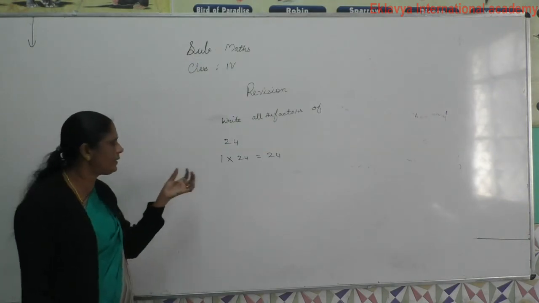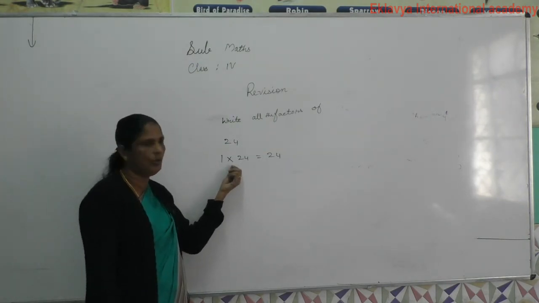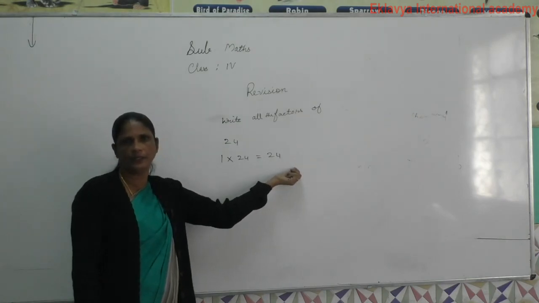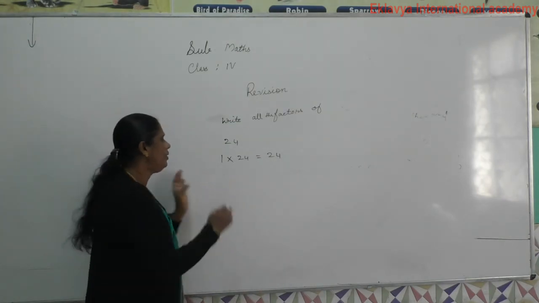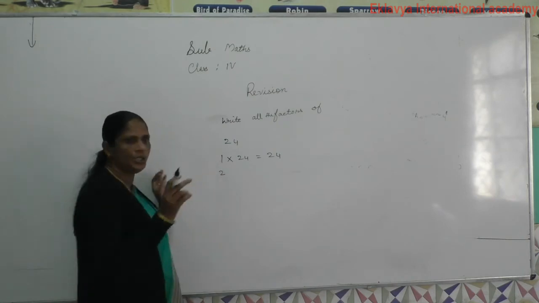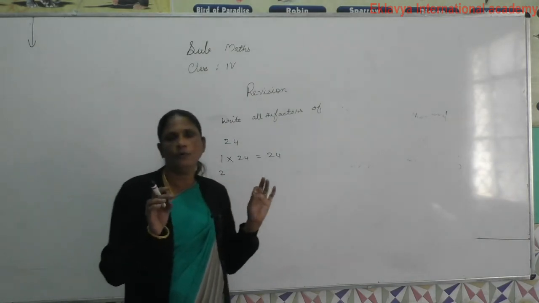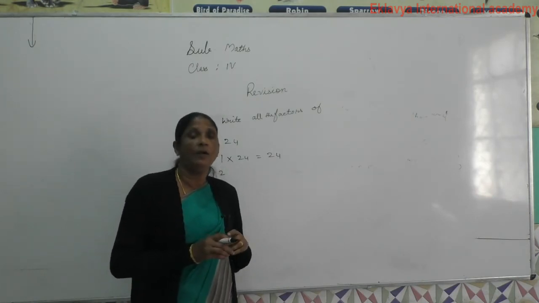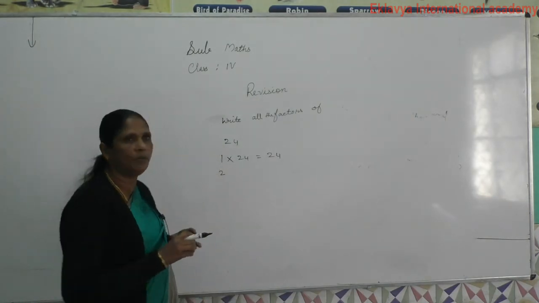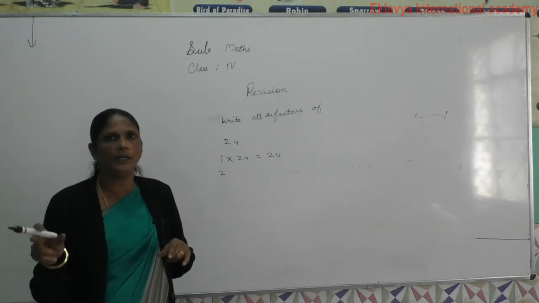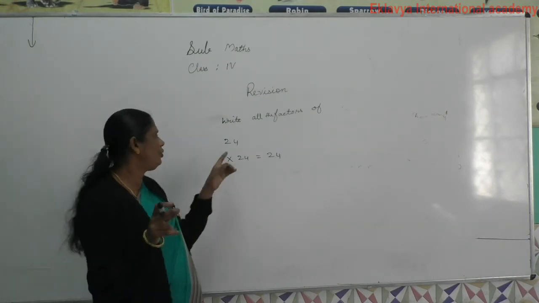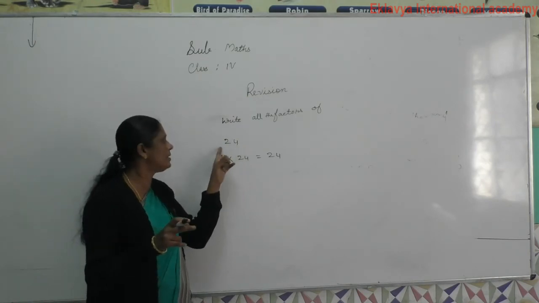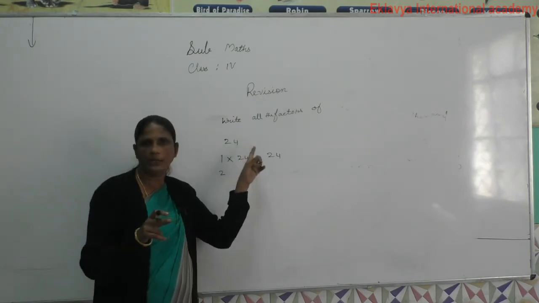How to find the factors? 1 into 24 is equal to 24. Right? Then again 2. If 0, 2, 4, 6, 8 come in one's place, that number is divisible by 2. Here 4 comes in one's place, therefore this number is divisible by 2.